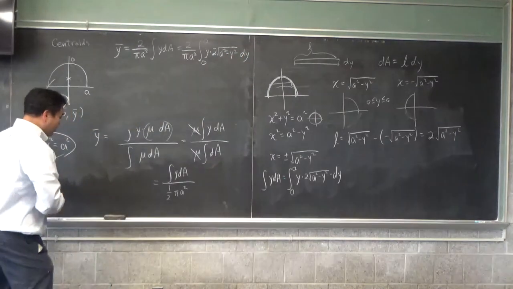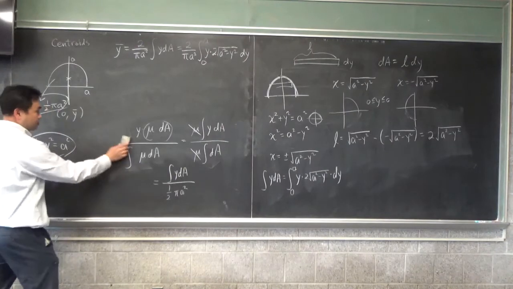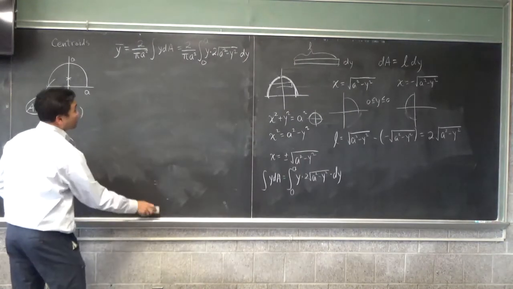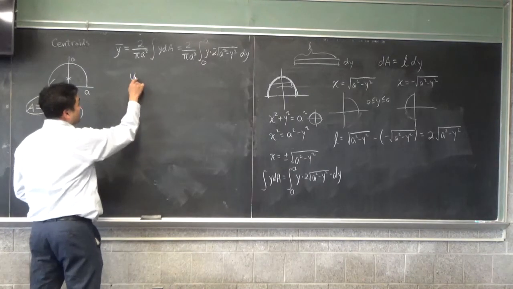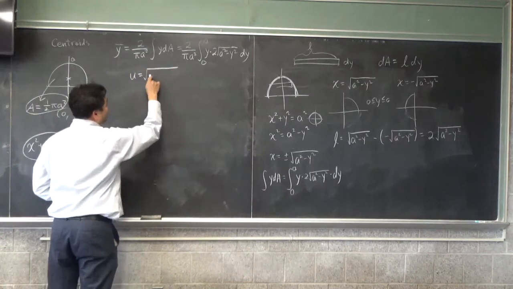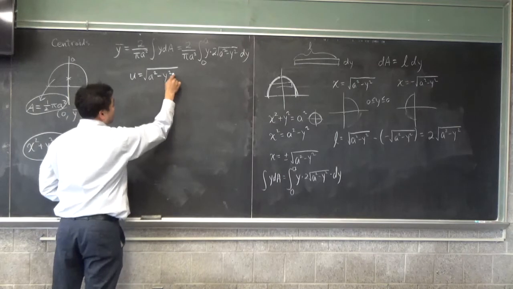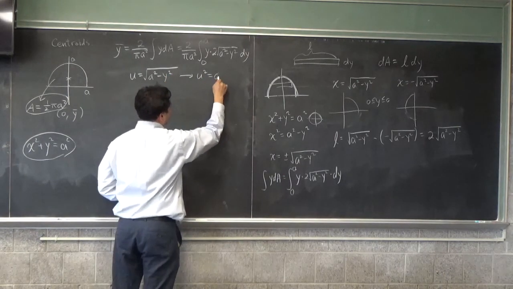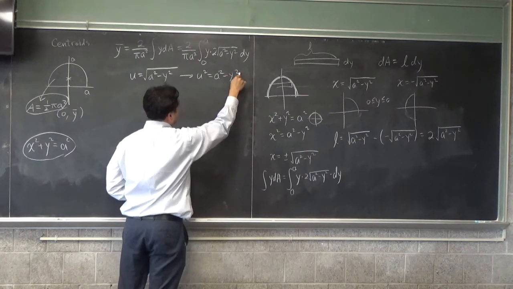Okay, now let's carry on the calculation. We're going to do u substitution with the entire square root, so that if you square both sides, you get u squared equals a squared minus y squared.